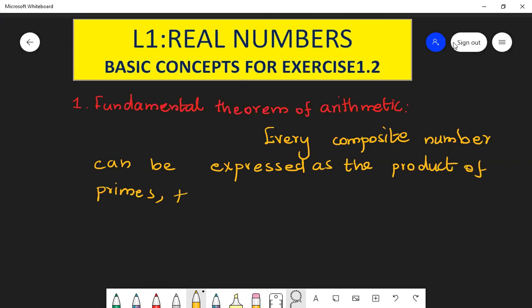This factorization is unique apart from its order.